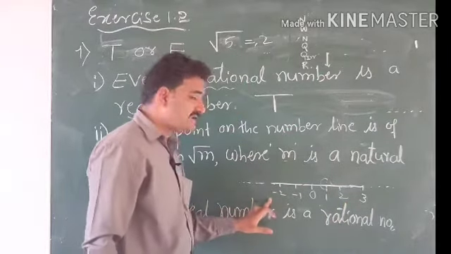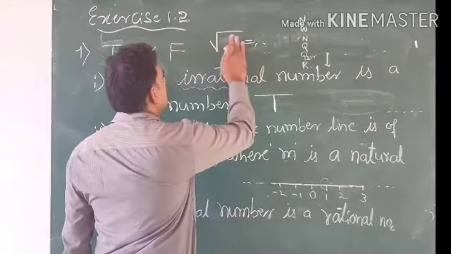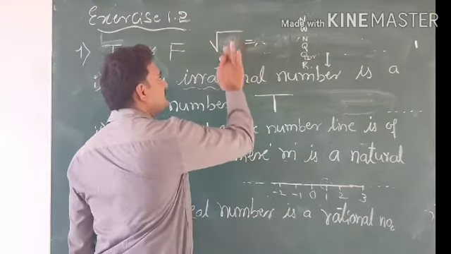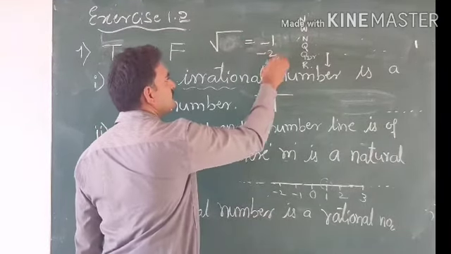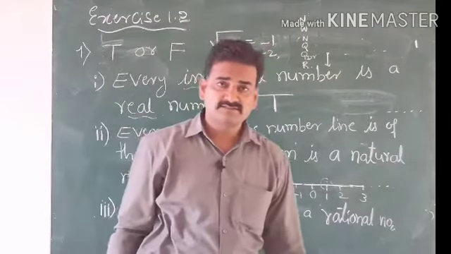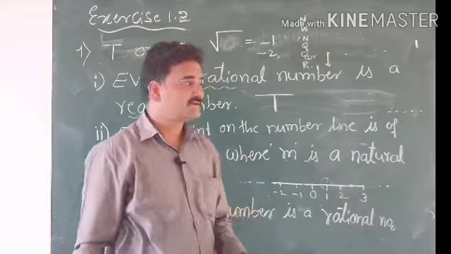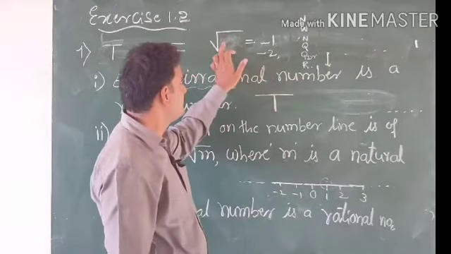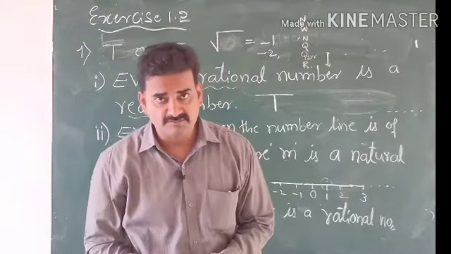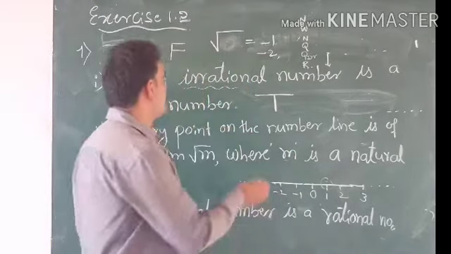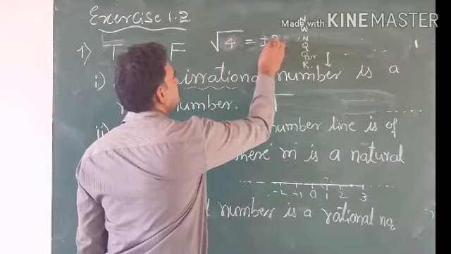But here negative also there. Here only positive is there, but you see here minus 1 is there, minus 2 is there. These numbers by using a natural number we cannot plot. So negative we cannot plot. If it is root of a negative, still mathematicians have not found the solution. What is root 4? Root 4 solution is plus or minus 2.